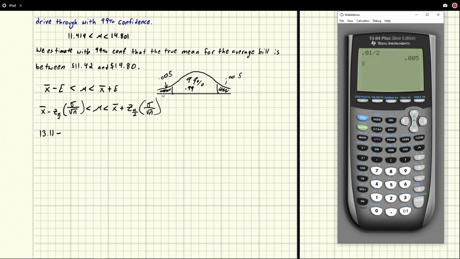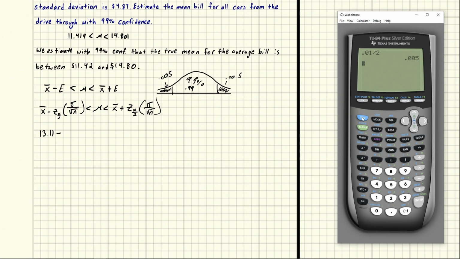So we go to second distribution, and then go down to inverse normal. It's going to look up z-scores according to areas. And we want to give it 0.005. With our standard deviation, because we're on a standard normal, our mean is 0 and our standard deviation is 1, because we're using z-scores. That's always the case for z-scores.